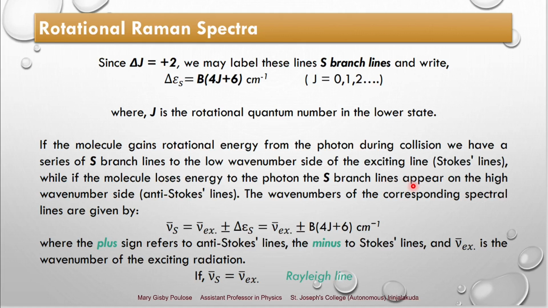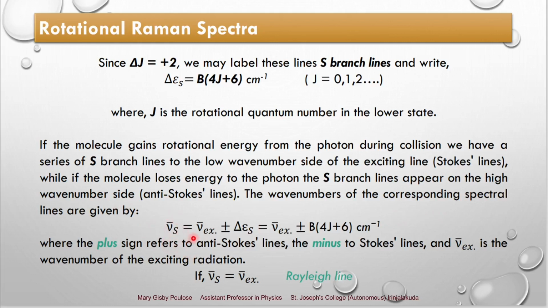That is our Rayleigh line. So the lines on the lower wave number side, that is the lower frequency side, are the Stokes lines, whereas the lines on the higher wave number side, that is the higher frequency side, are called the anti-Stokes lines.